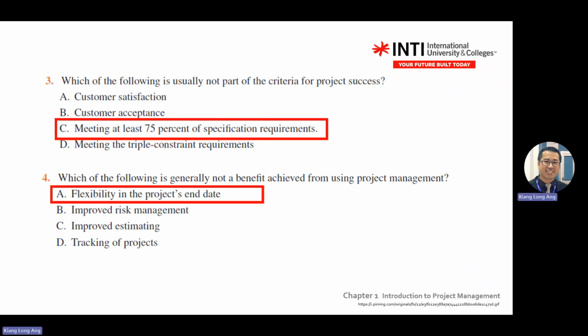So when you deal with project management, normally we don't touch the end date. We don't touch the delivery date. We can make changes in between, but not the end date. Because the end date is what you agree with the customers, right? Like you order from Shopee, they tell you it will be delivered at a certain date, but you don't receive it, then you give a very low star.